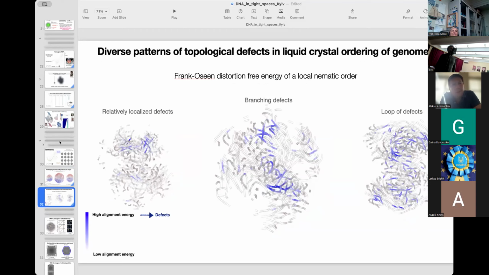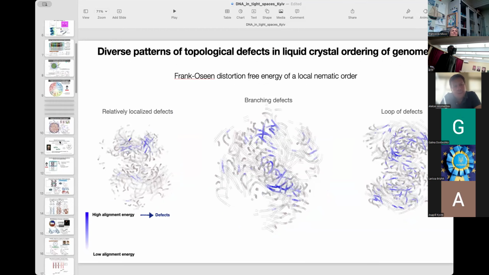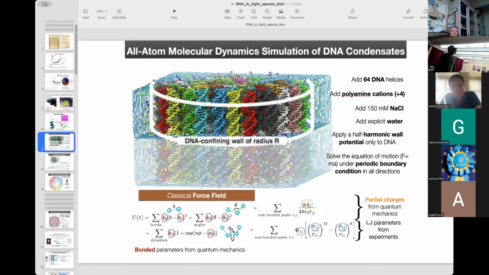So for answering your question directly, if you have short fragments of DNA, and that is something that Tommaso Bellini showed very nicely in his work, you could have smectic phases, because there you'll also have end-to-end interactions.